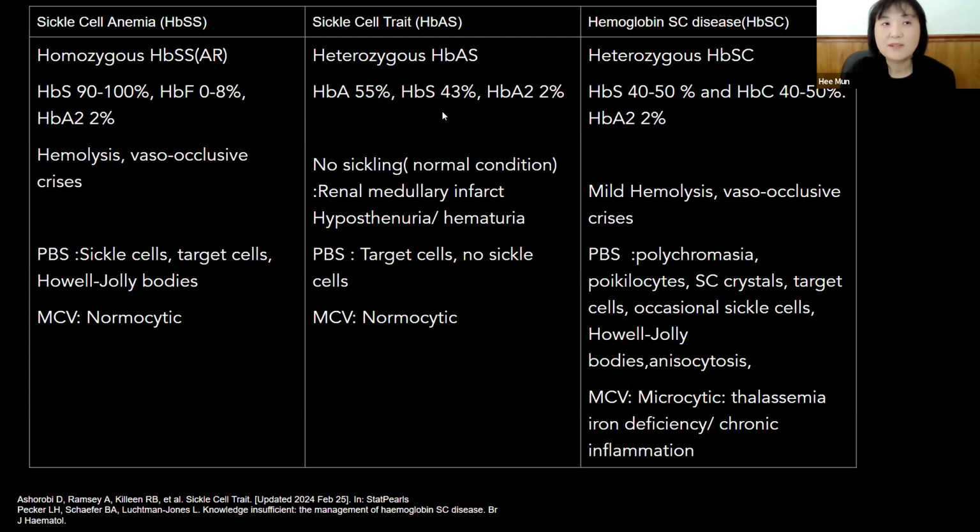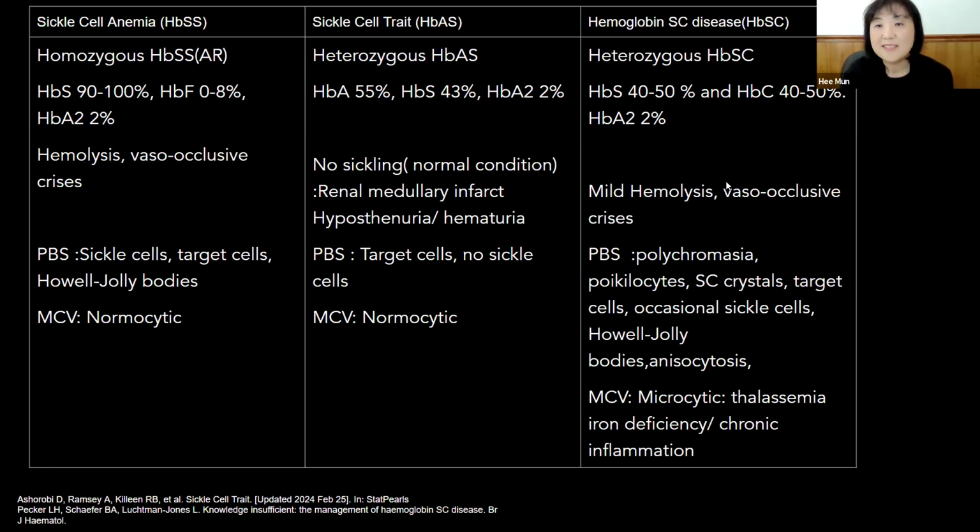Usually when you have sickle cell symptoms, you have more than 60% hemoglobin S. In sickle cell trait, in normal conditions there is no sickling, only in extreme conditions, with renal medullary infarct and hyposthenuria. You can usually see target cells but no sickle cells, and the MCV is normocytic. Hemoglobin SC disease is S and C half and half, like 50% and 50%.